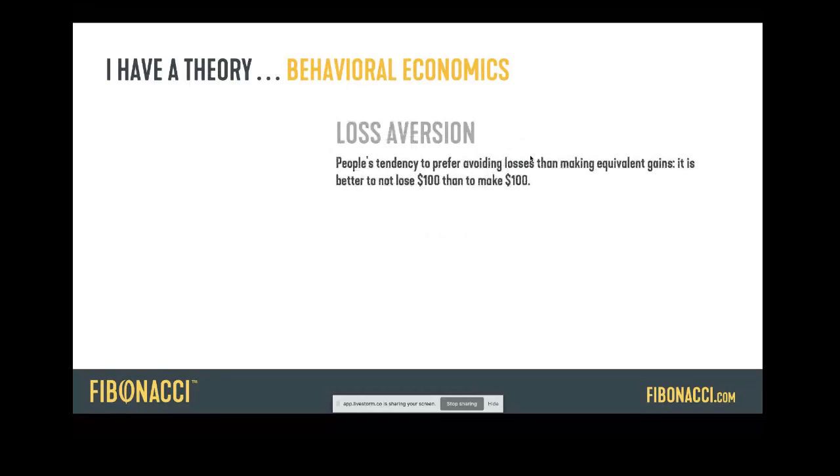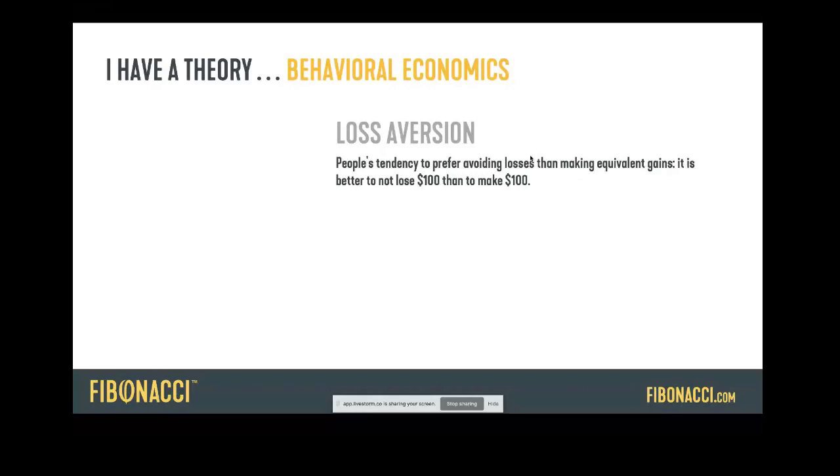So just a quick example is people's tendency to avoid losses is much greater than their desire to make gains. So there's a statistical, quantifiable reality, and that is that the feeling of losing $100 is literally twice as bad as the joy of making $100. That is quantifiable, it's measurable, it's been tested.